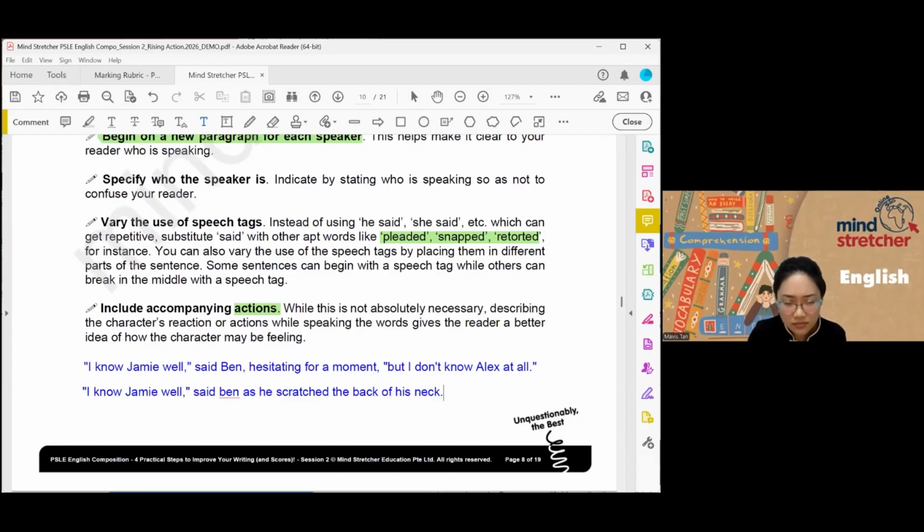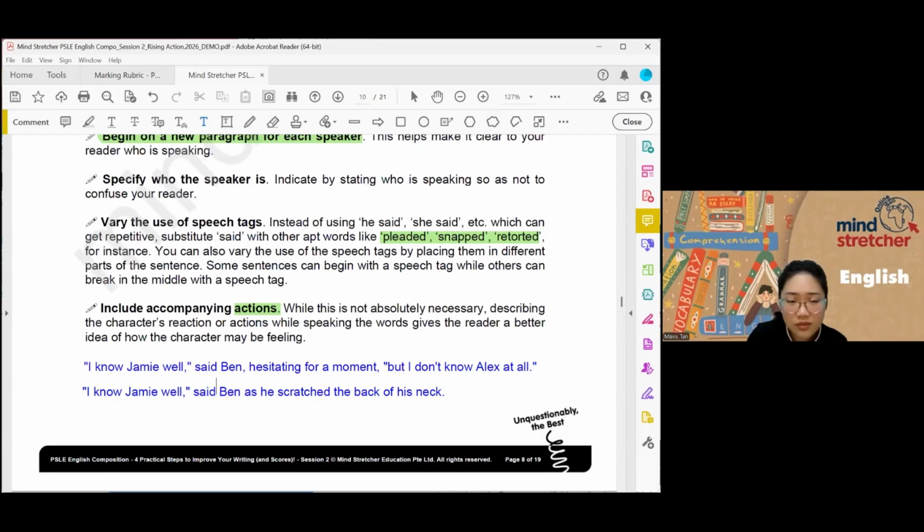Again, action. As he did this and this, action. I use it here for the sake of simplicity, because I want to show you the punctuation. Then we put a full stop at the end.